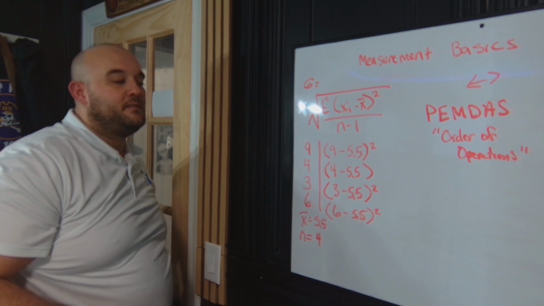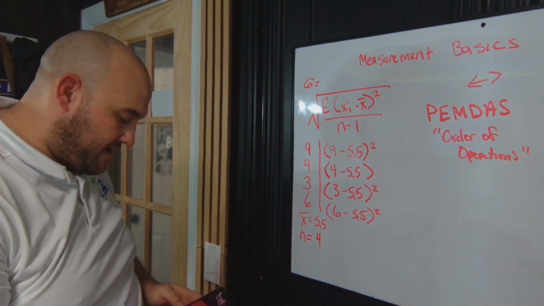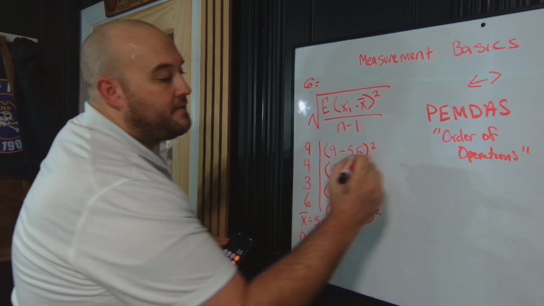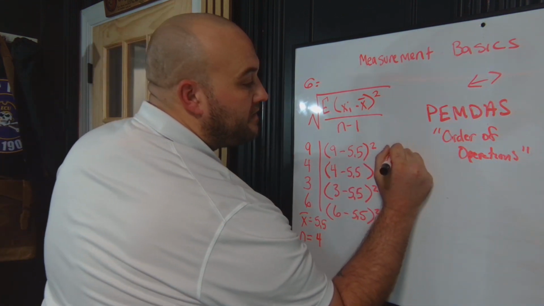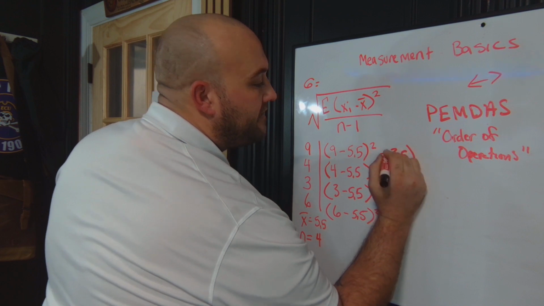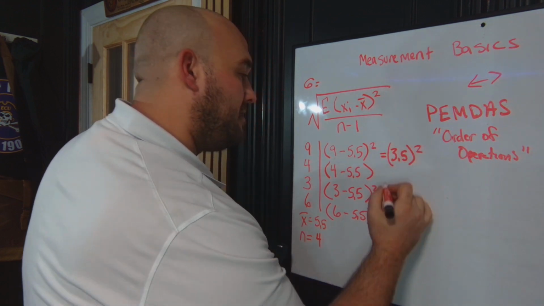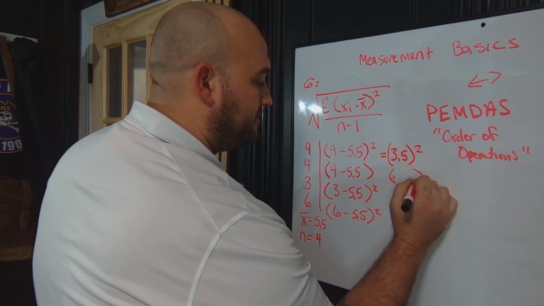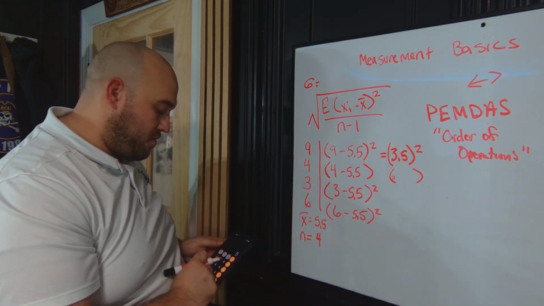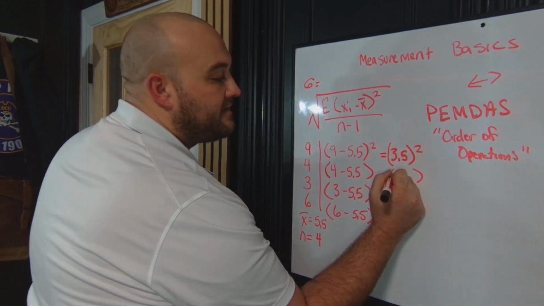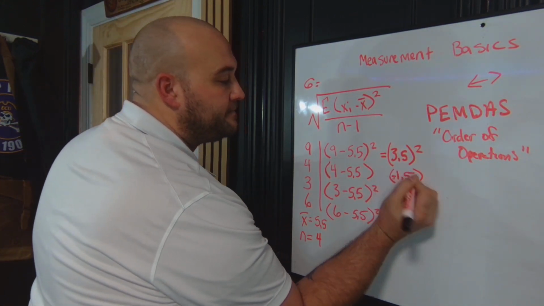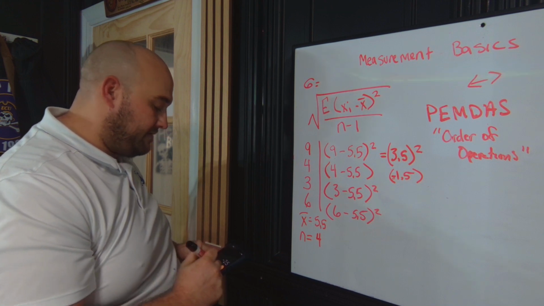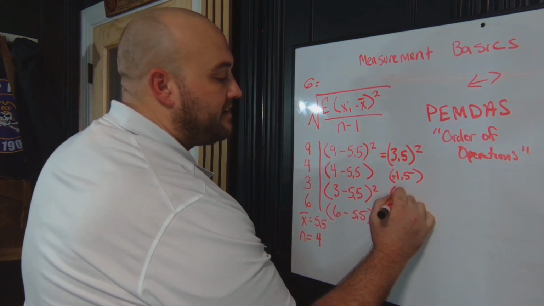So in this, I've got 9 minus 5.5. That's going to equal 3.5. And then don't forget we have to square it. We're going to work through the equation and then we'll do it. 4 minus 5.5, that's a negative 1.5. 3 minus 5.5, I know that's going to be a negative 2.5.